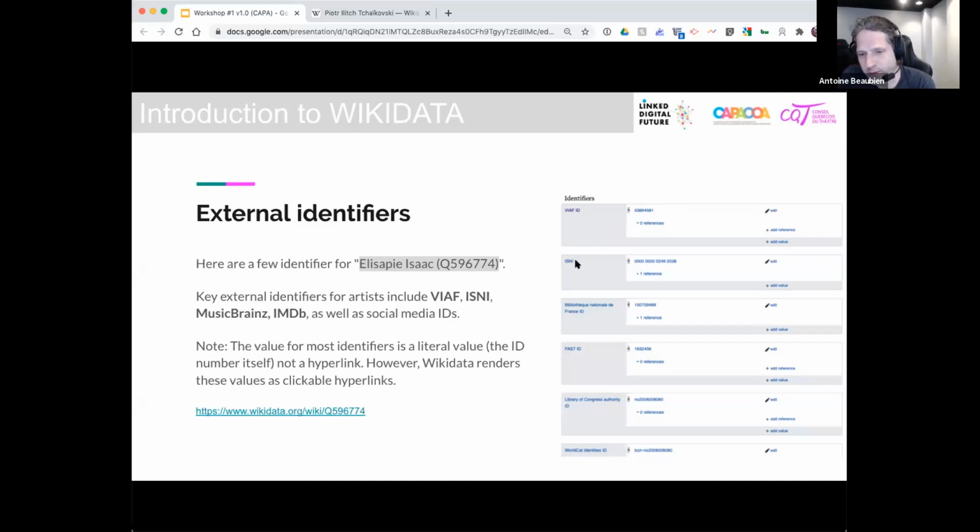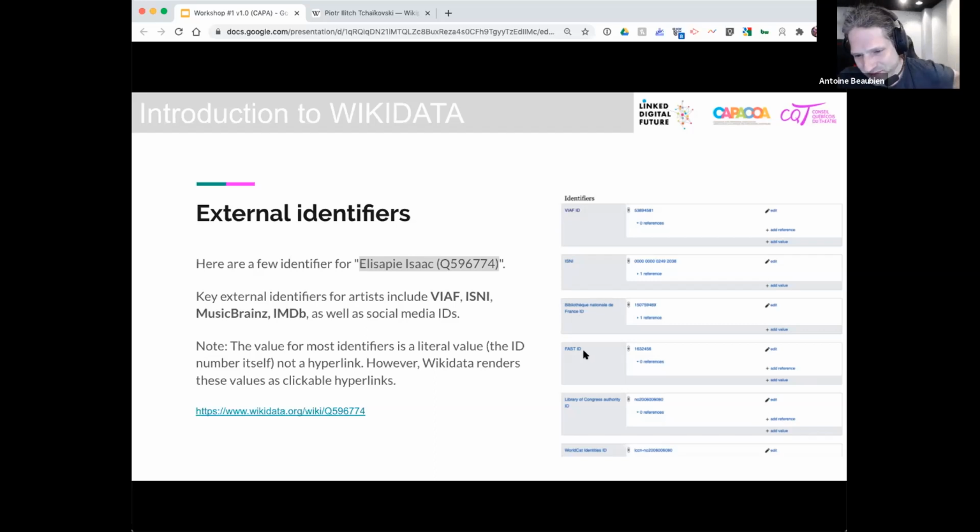So there's also ISNI, which they want to create IDs for every person that does some work. There's Bibliothèque Nationale de France. So this is also libraries. They all have internal identifiers. So in Wikidata, this is one property, Bibliothèque Nationale de France.